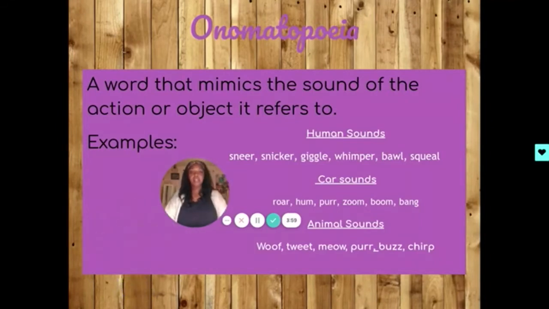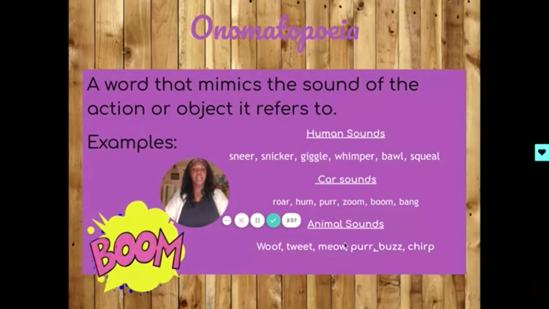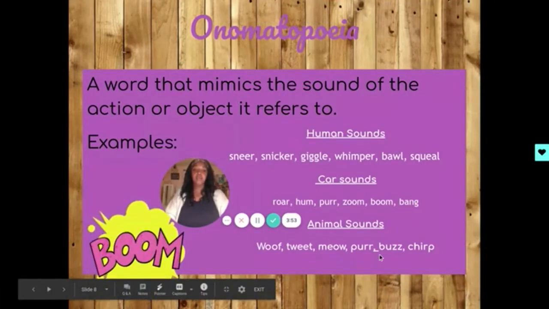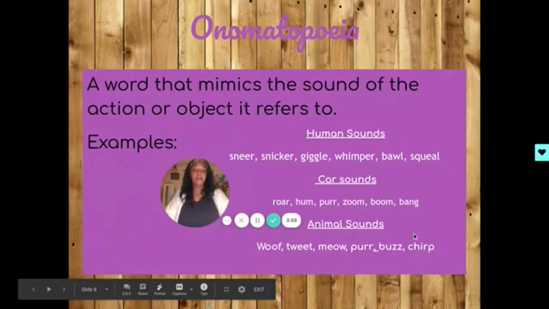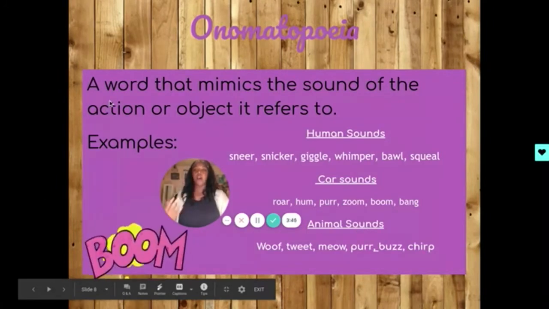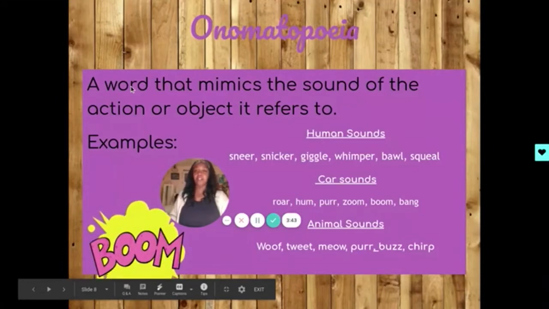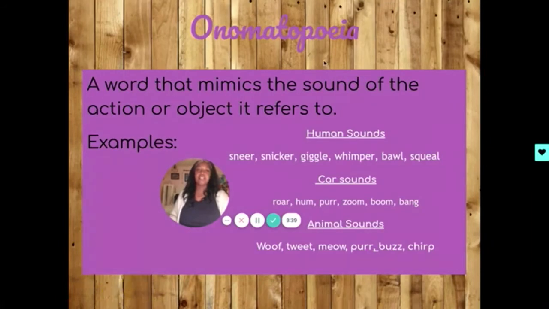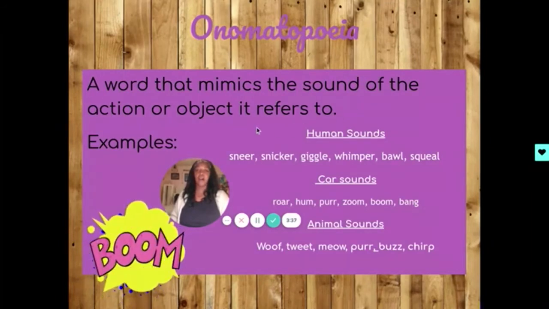And some animal sounds that could be onomatopoeias are like a woof from a dog, a tweet from a bird, meow from a cat, or even a purr from a cat, or the buzzing or chirping of a bird or a cricket or a bumblebee or a fly. So an onomatopoeia is a word that mimics the sound. Always remember, sound of the action or object it refers to.